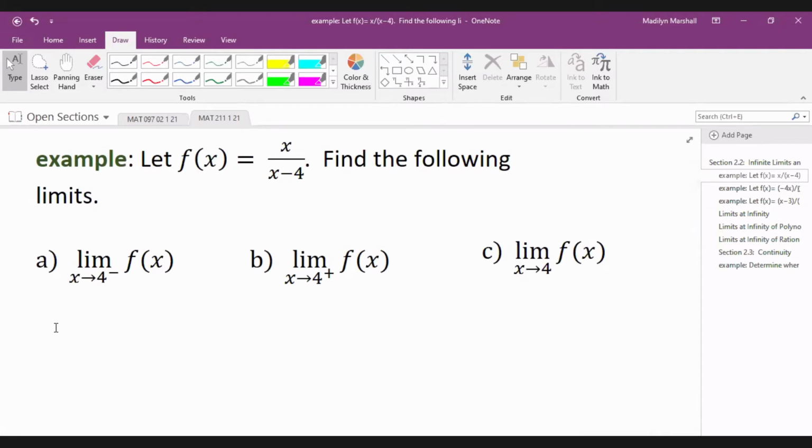But first, I just want to talk about another way that we could look at these without graphing. So we know from algebra that there is an asymptote at x equals 4 here. Because this is fully reduced, x over x minus 4 is not going to reduce anymore. So that denominator is telling us that there's an asymptote at 4.